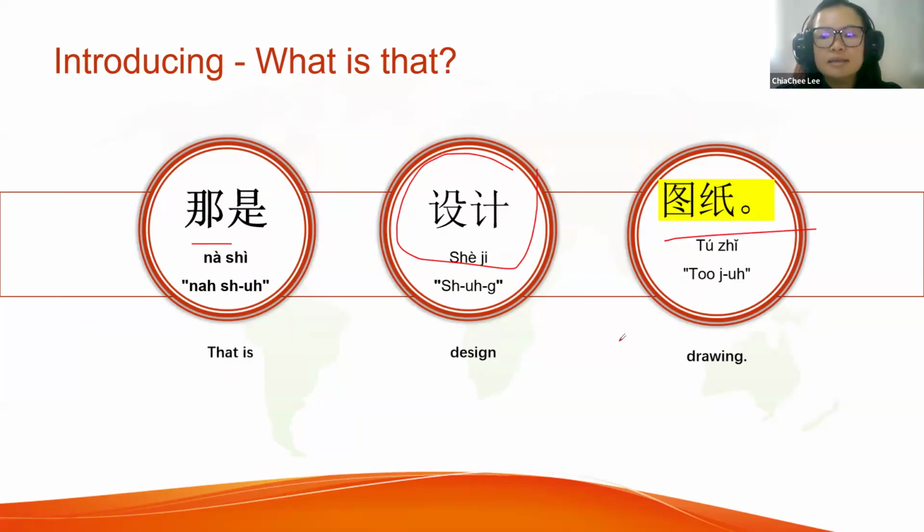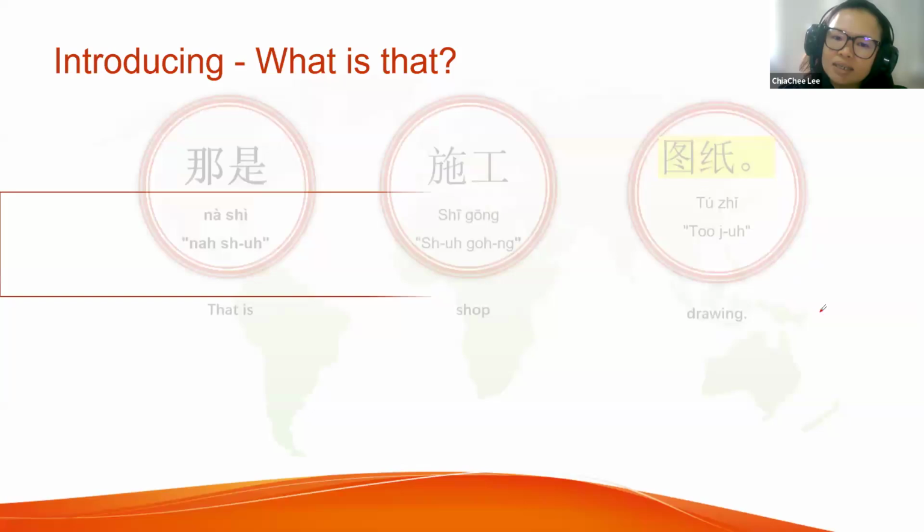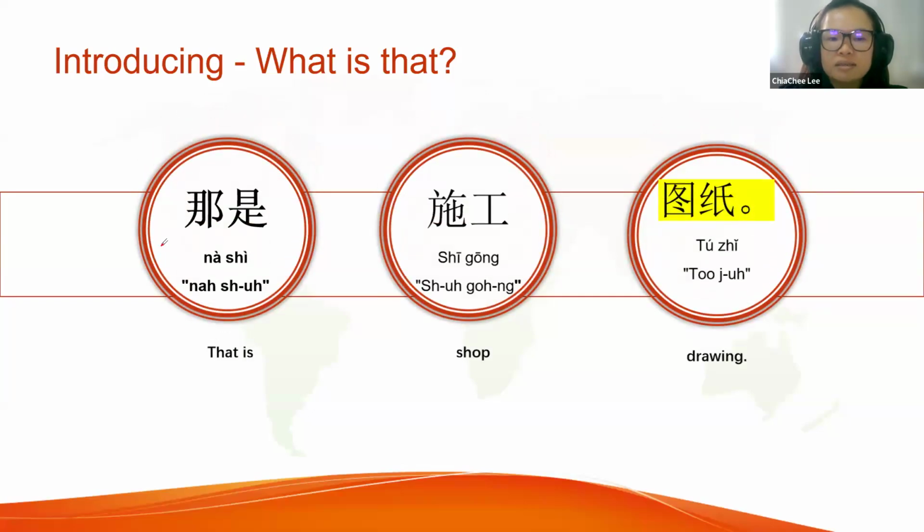The same applies to the 施工图纸. 那是什么？那是图纸。So when people ask to specify 那是什么图纸, then we say 那是施工图纸, shop drawing.